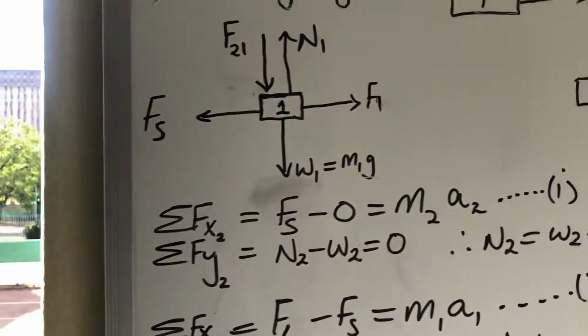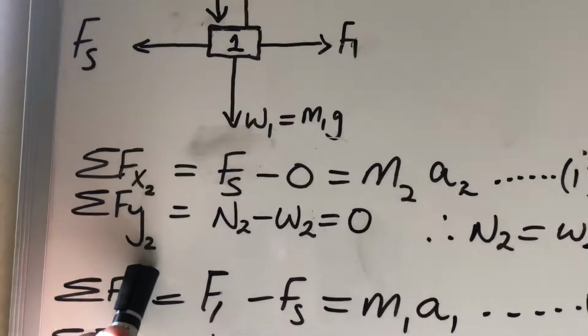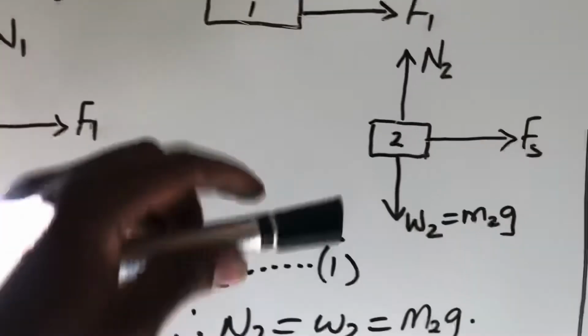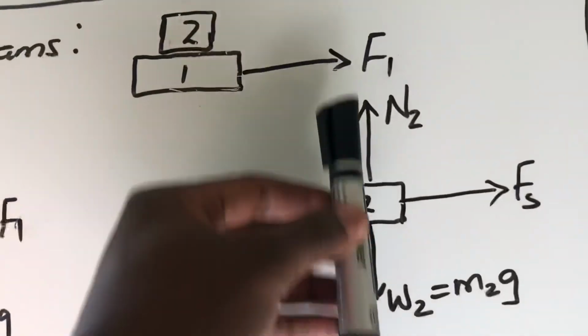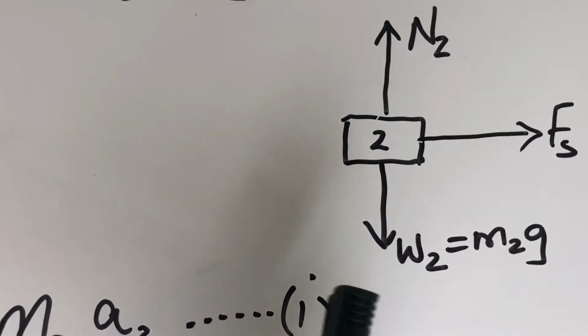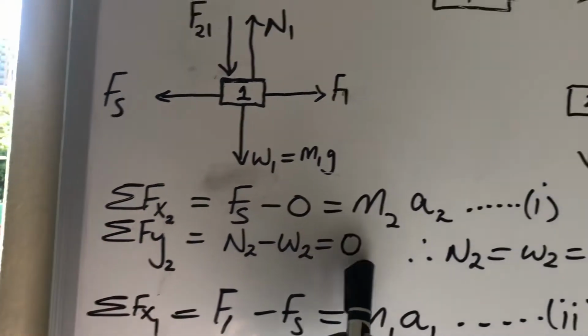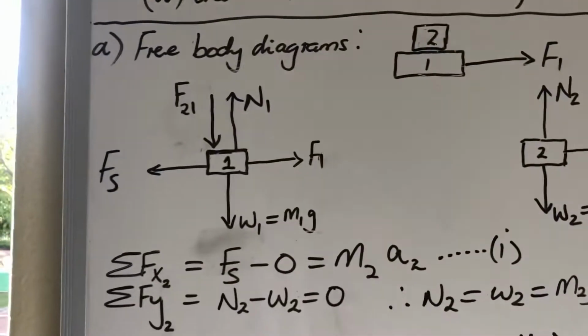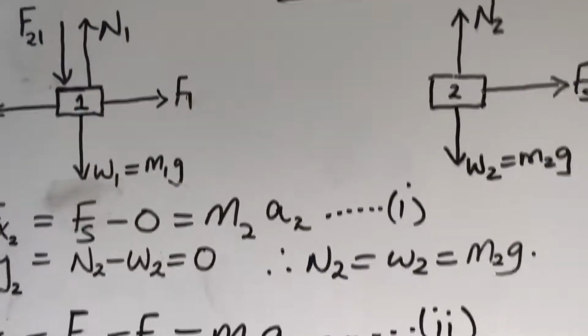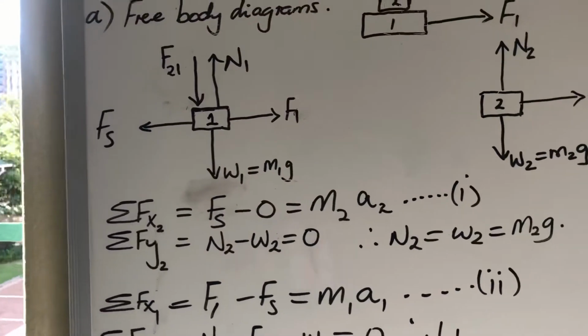For forces in y now, the summation of all forces in y is equivalent to, if we look here, we've got N2, the force that is facing up, and then it's going to subtract the weight. So we have N2 minus W2, which is equal to 0. Why equal to 0? Because our system is said to be moving on a horizontal surface, which means there is no moving up and down.